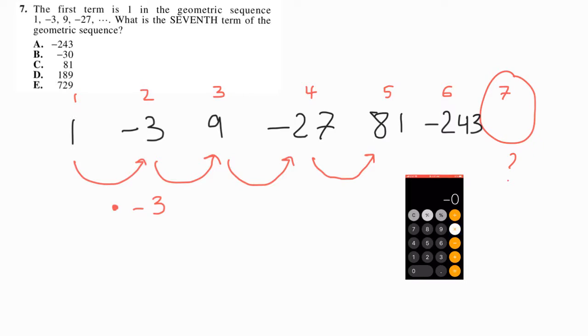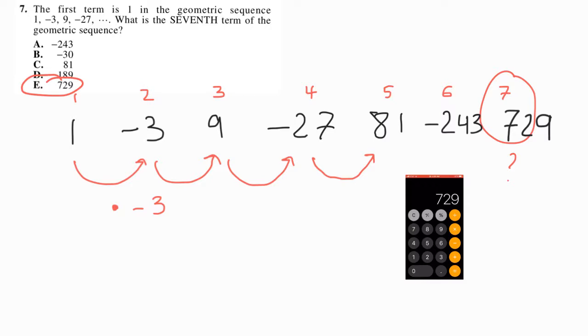And -243 times -3 is 729. So our final answer is E, 729.